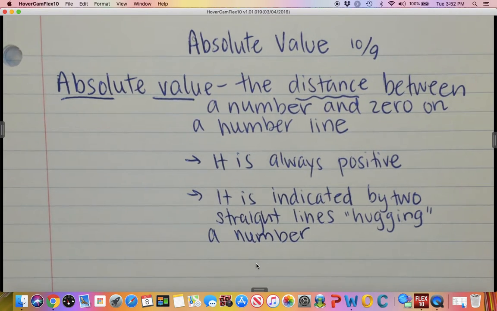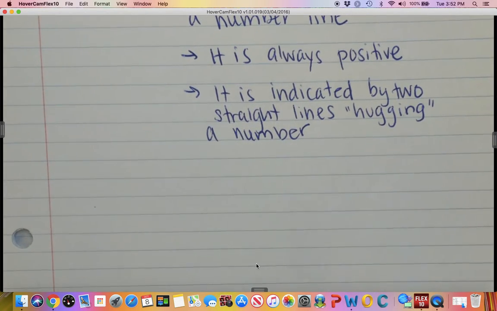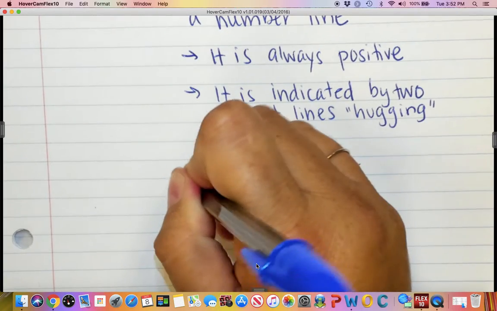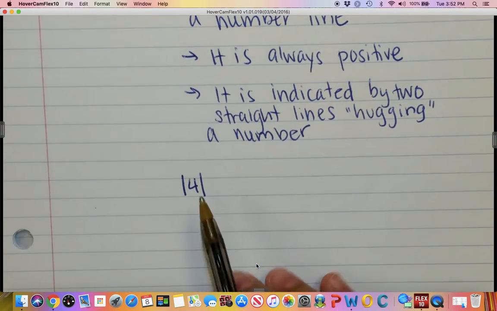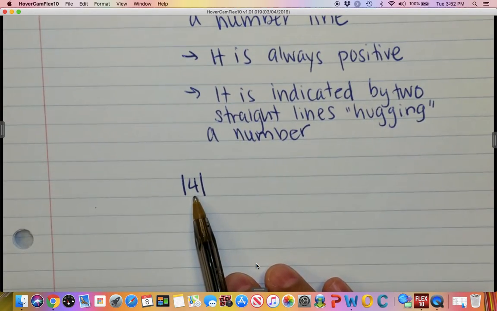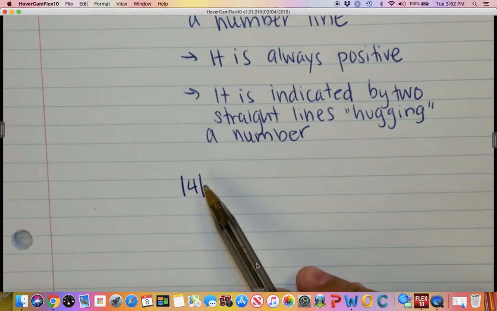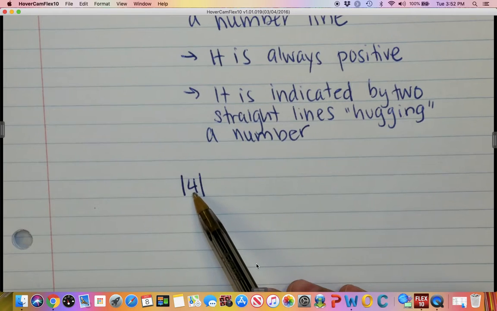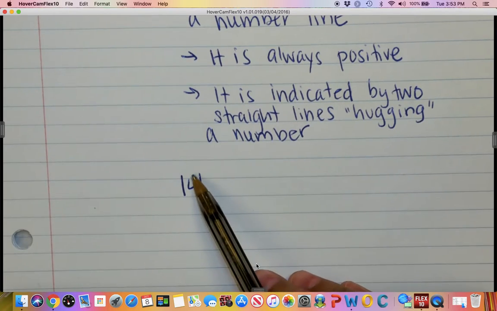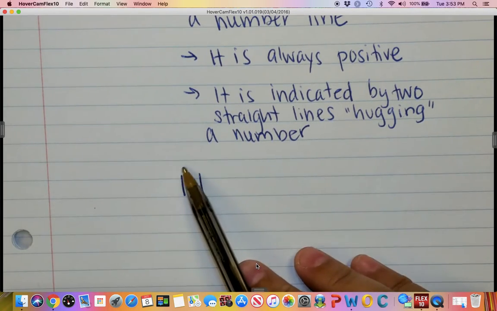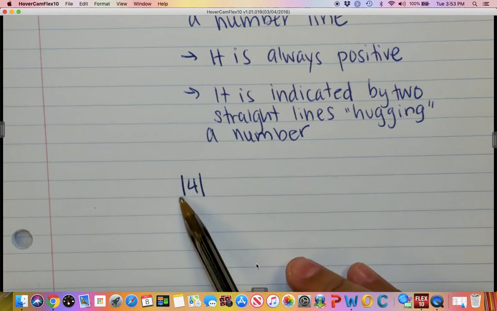So let me show you an example. This represents absolute value. These two straight lines hugging the 4. The absolute value of 4 is what this is saying. Absolute value of 4.